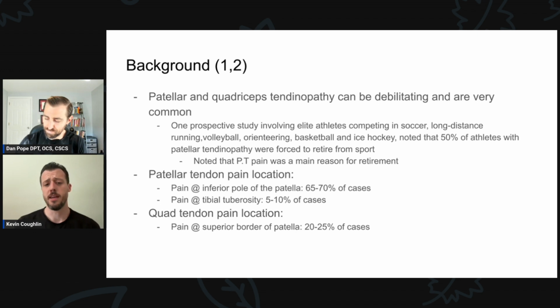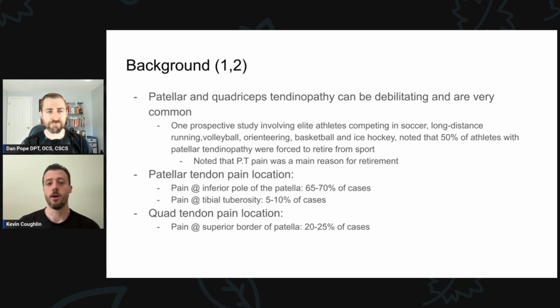You can also have pain a little lower at the tibial tuberosity where the tendon inserts, but that's not as common, only 5 to 10%. And clinically, I've seen a lot of mid-substance pain as well, like if you're just squeezing the middle part of the tendon, that can be painful. But inferior pole for sure seems to be the most common location of pain.